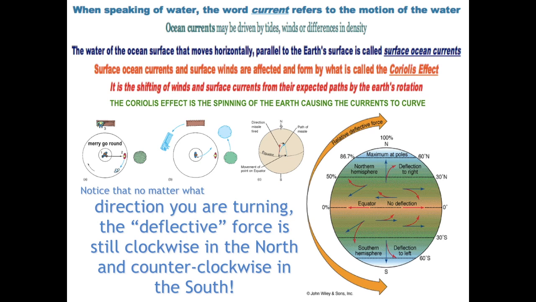As the earth spins, it causes the currents to curve. Instead of going straight, you can see in the right hand picture, the blue is going straight. This is not talking about cold and warm. The blue would be showing a normal movement of the current, but because the earth is spinning, we're going to follow the deflection, which is the red.